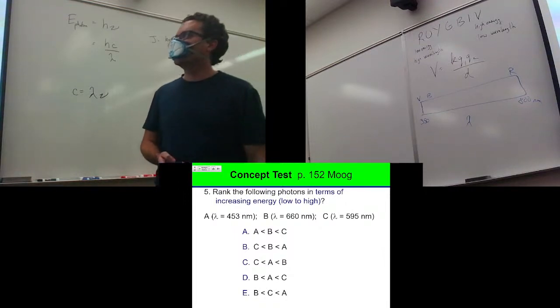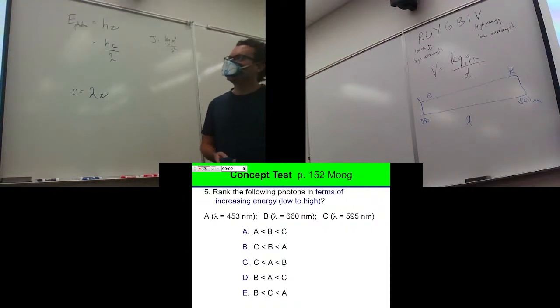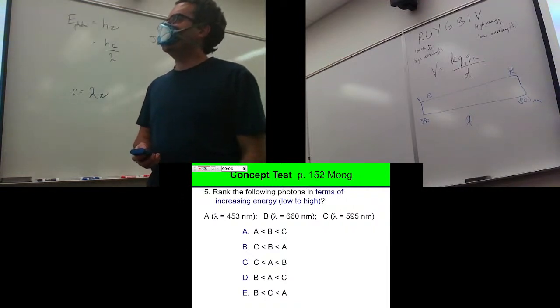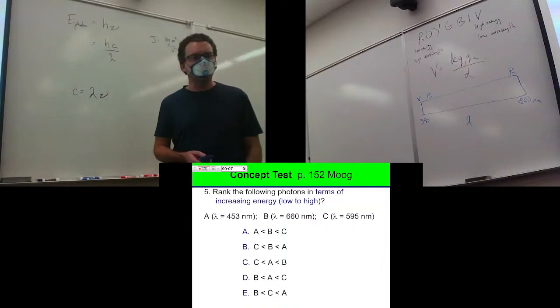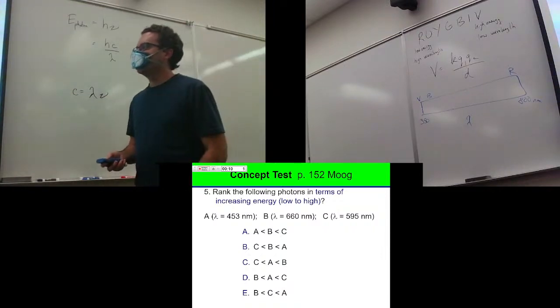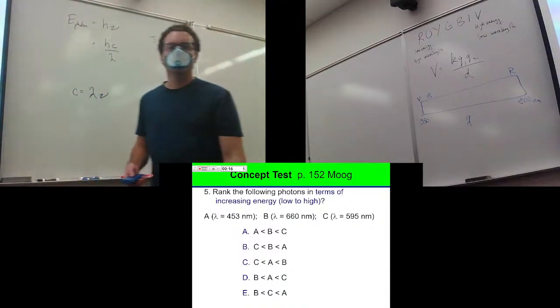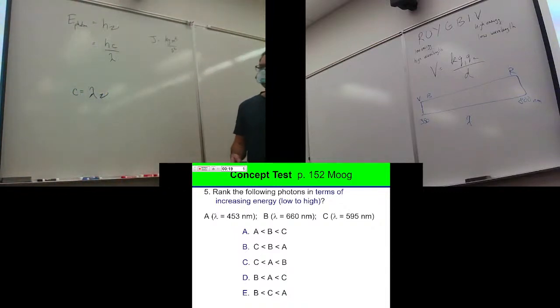Okay. So this is a good one. Here, I'll turn the question on for that one. Which of these goes in terms of increasing energy, low to high? So remember the less than sign. The alligator's mouth goes for the bigger one, right? So visually remember which way is which.